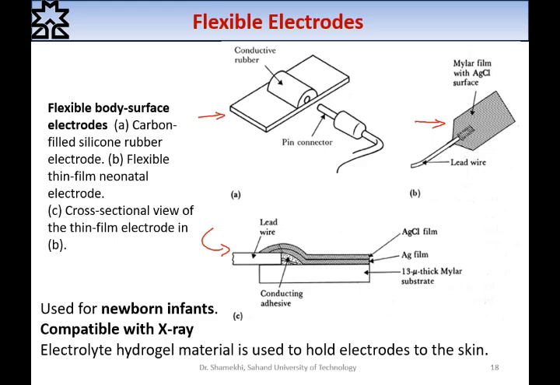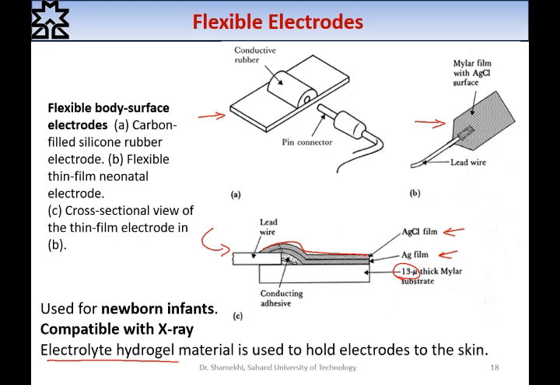As you can see, the substrate of this electrode is only 13 micrometers, and we have an Ag film coated on this substrate and one AgCl film on it, and we also use electrolyte hydrogel material on this layer, and this hydrogel material is used to hold electrodes to the skin.